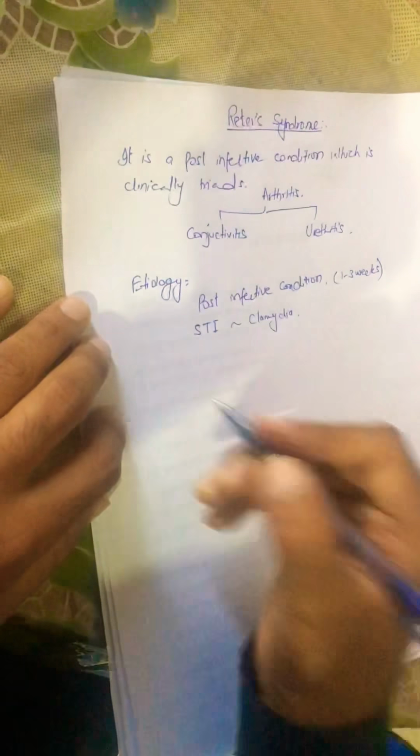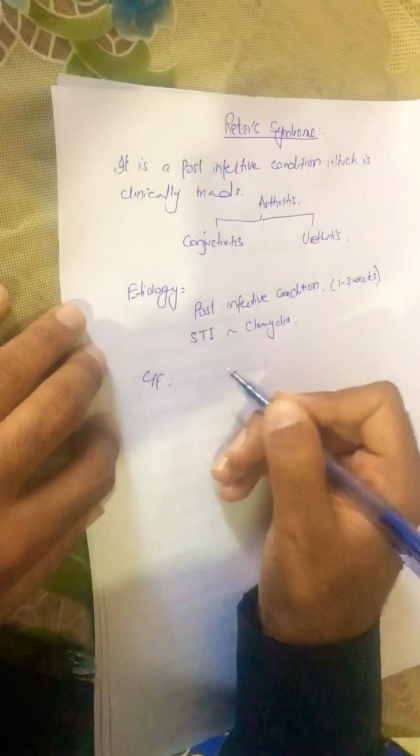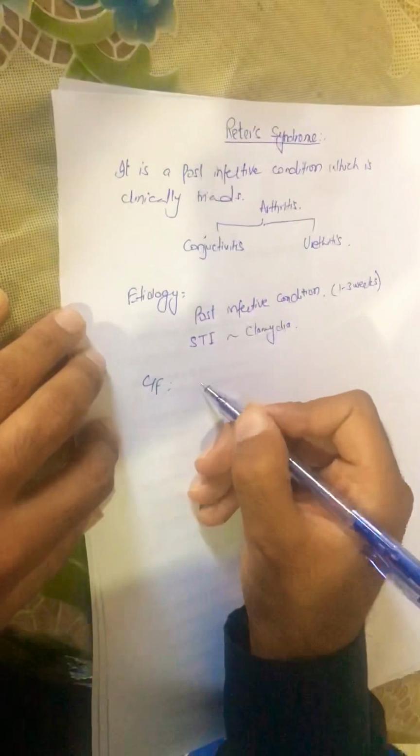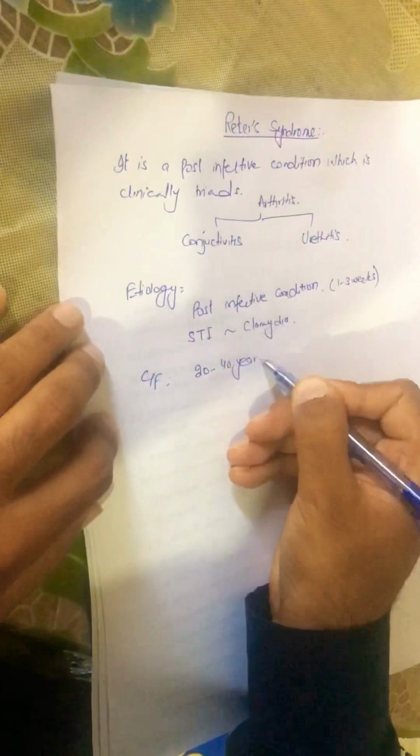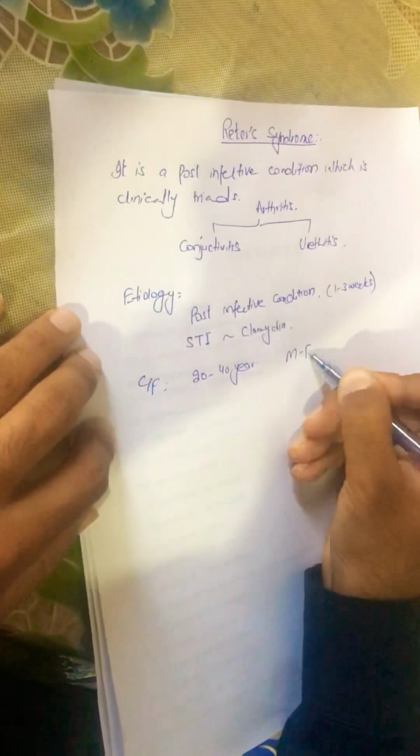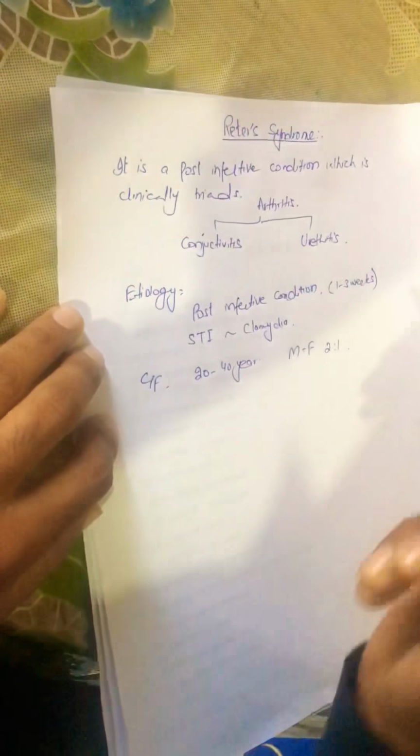So the next thing is we can talk about the clinical features. Normally it affects ages 20 to 40, and the male to female ratio is 2:1.